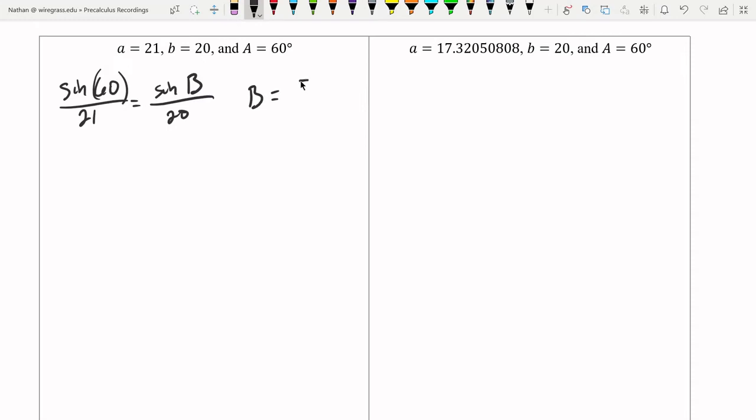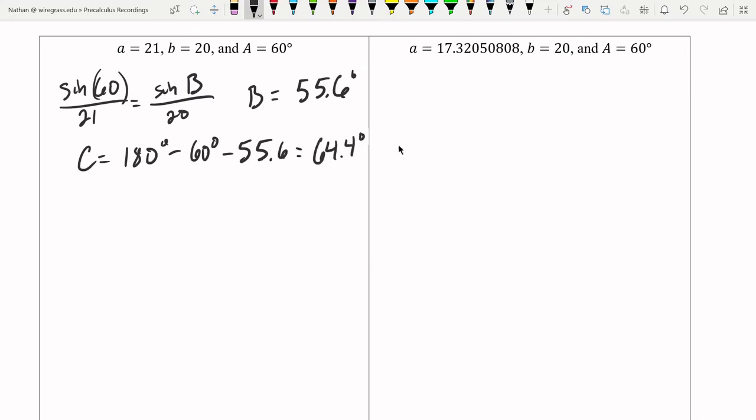And that gives me b equal to 55.6 degrees. So c must equal 180 degrees minus 60 minus 55.6. And we get 64.4 degrees.